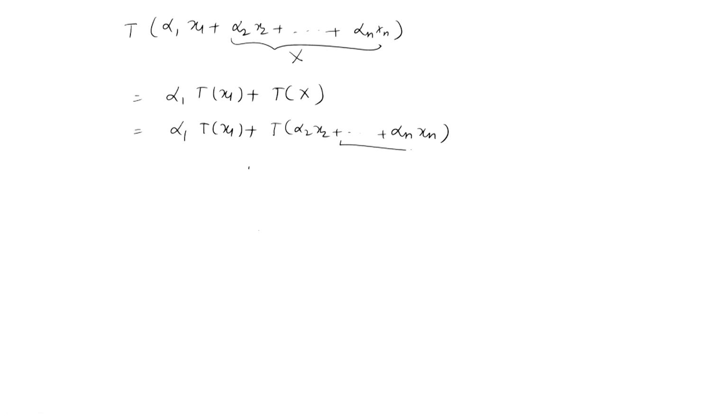Again take this as a capital Y, and apply the property of linear transformation. So, this will be alpha 2 T of x 2 plus T of Y.